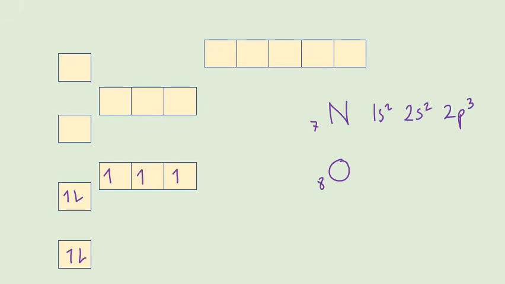Oxygen has 1 more electron, so I'm going to draw that there. It will be 1s2, 2s2, 2p4. So this time we're trying to explain why the electron is easier to lose in oxygen, because there's a blip, it goes down to oxygen, it goes against the trend.